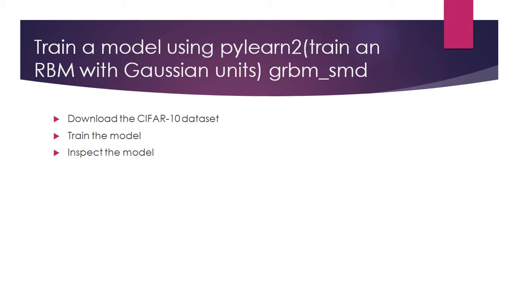So the first thing when you train a model using the Pylearn tool is to download the CIFAR dataset. There are two methods for downloading it. First, a Python .py file is available on GitHub, a separate file used to fetch the exact CIFAR dataset, which is about 160 or 170 MB of data.